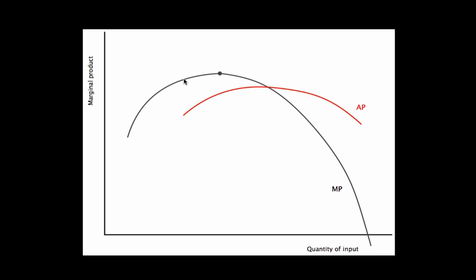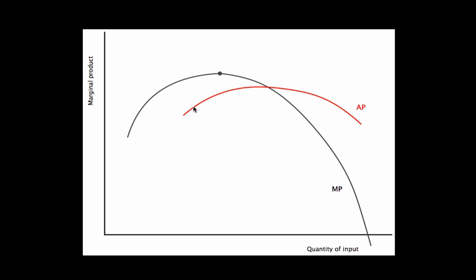And then if I'm going to take an average up to that point, then I'm going to be averaging in all these earlier units which had lower marginal products. So whatever the average is, and I'm not trying to get this exact, I'm just drawing an approximation of what this curve looks like, but I know that the average would have to be lower than this point because I'm going to be averaging all these earlier units. So when I take an average product, which is just the total product divided by that quantity of input, I know the average is going to be lower.